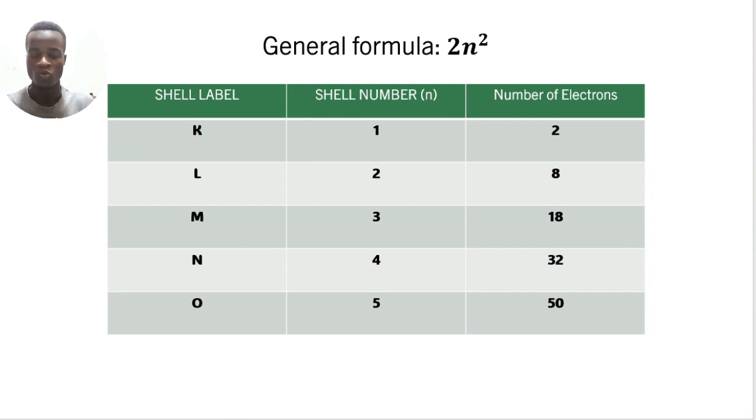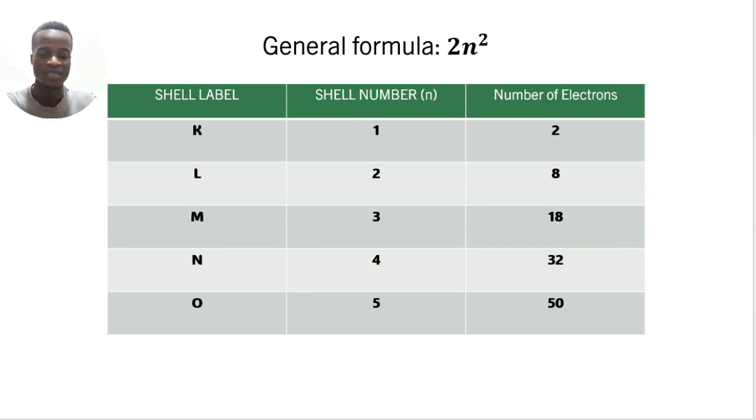L shell is shell number 2, and the number of electrons will be 8 if you put it inside 2n squared. M is 3 and has 18 electrons in general, N is 4 with 32 electrons, and O is 5 with 50 electrons. So this is how to evaluate the number of electrons that should be in a particular shell.